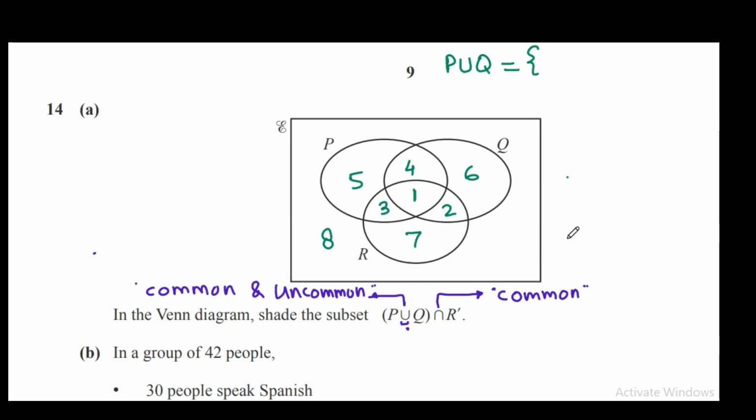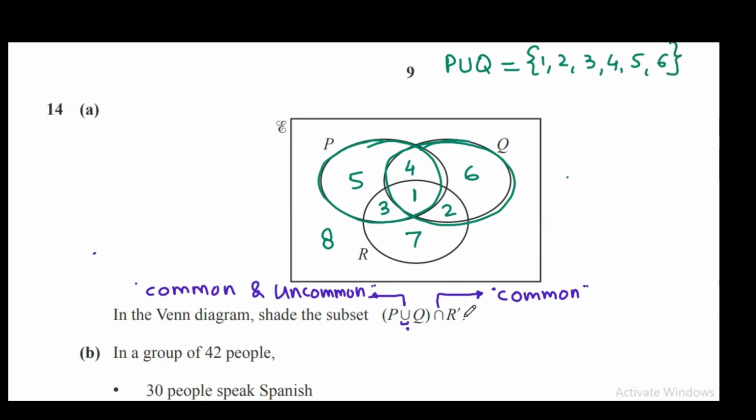So first, highlight the sets P and Q. In the sets P and Q, you are watching 1, 2, 3, 4, 5, and 6 are the common and uncommon elements. So I'm going to write here 1, 2, 3, 4, 5, and 6.